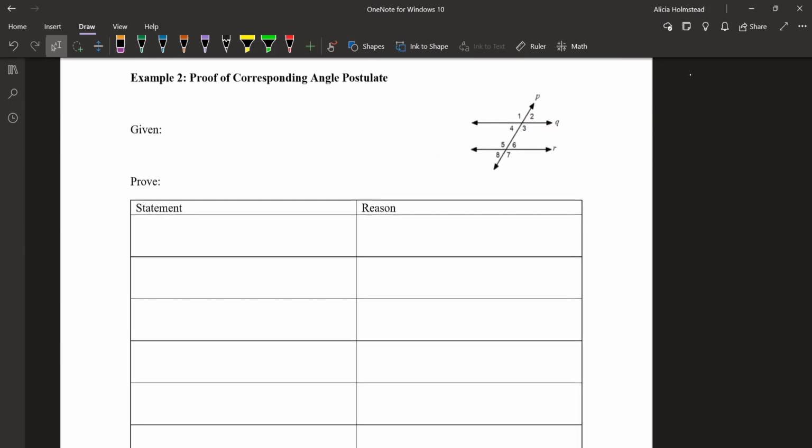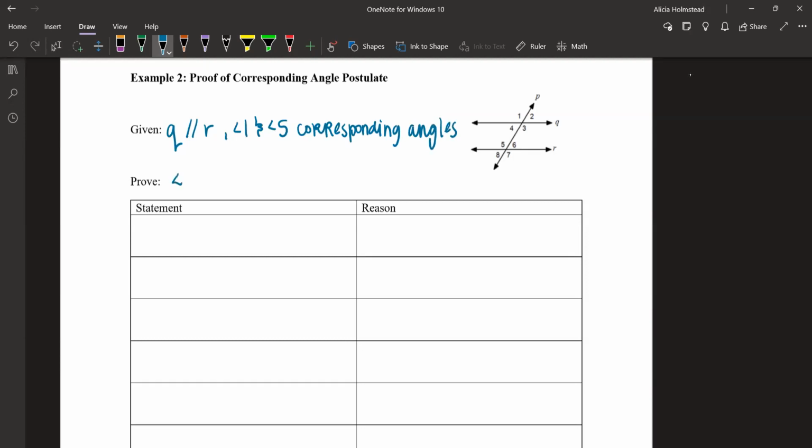So now we are going to do the proof of corresponding angles. So let's say that we were given that line Q is parallel to line R. And we also know that angle 1 and angle 5 are corresponding angles. So they're just located at the same position on our image.